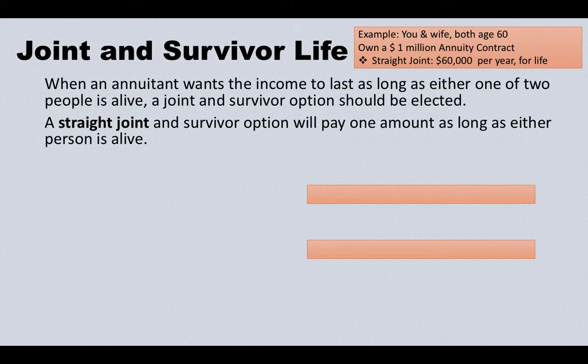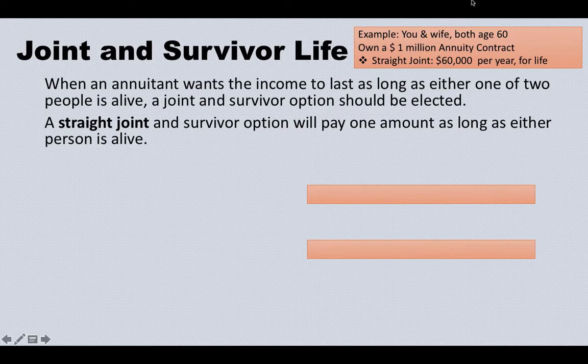If it's one person's life, you may die early, say at 70 or 80, right? The probability that two people die early is less. So if you want to guarantee two people's life income, the income amount will be much less than for your single life.